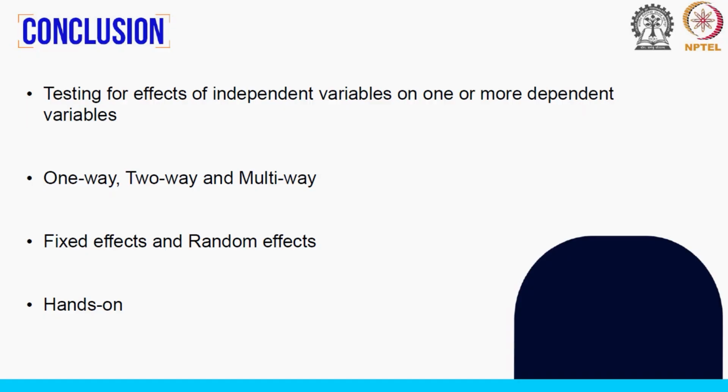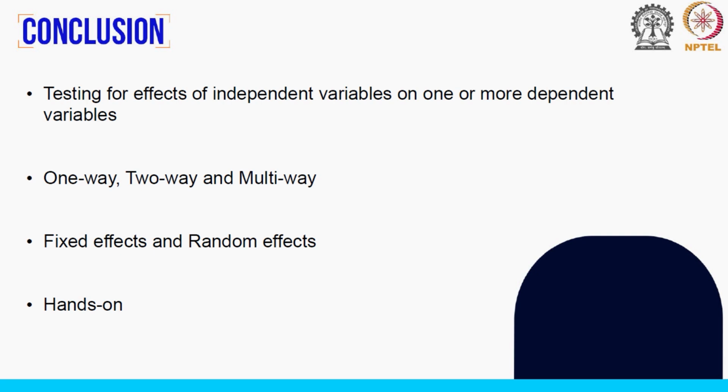So, we have demonstrated this hands on with these different functions, and we have seen how to run ANOVA and MANOVA in R. To conclude, we have talked about ANOVA, analysis of variance. What it is doing is testing for effects of independent variables on one or more dependent variables. So, we have ANOVA or MANOVA; in MANOVA we have more dependent variables.